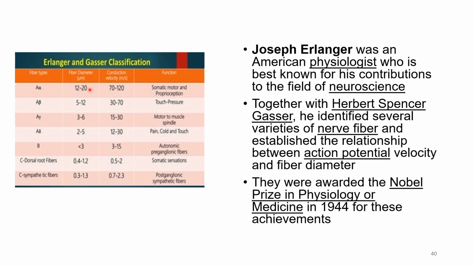Coming to the fiber diameter in micrometers, A alpha has 12 to 20 microns and a conduction velocity of 70 to 120 meters per second. What is the main function of these fibers? They will carry proprioceptive impulses and somatic motor impulses.